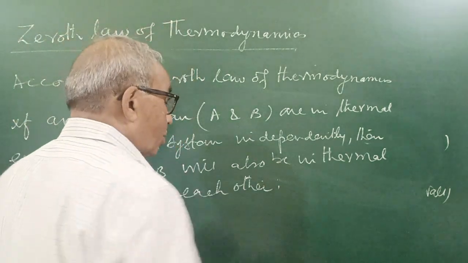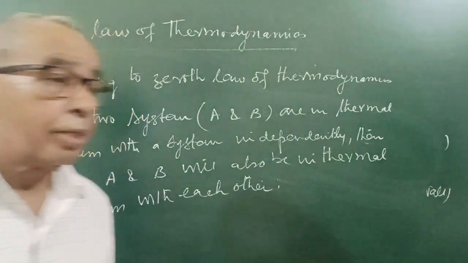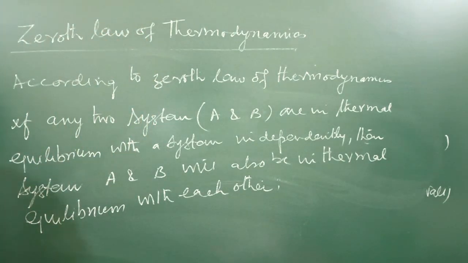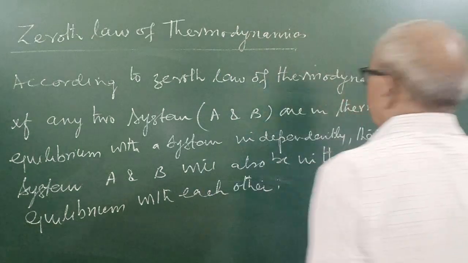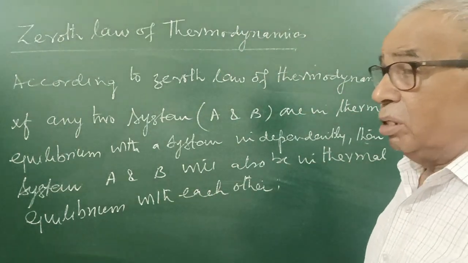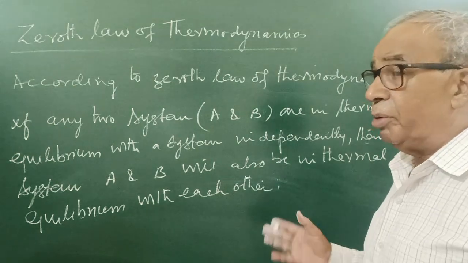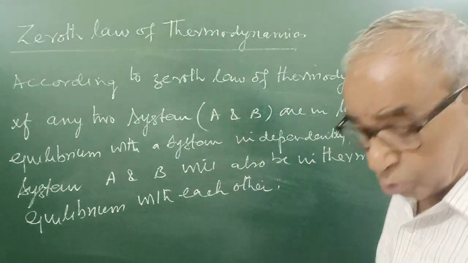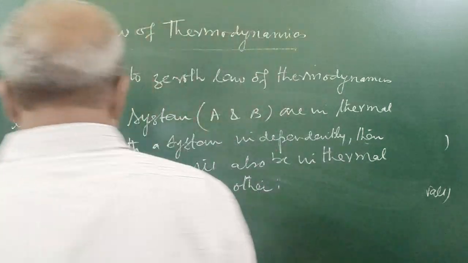The state of thermal equilibrium tells us that, as I told you, there are different variables: pressure, volume, temperature, mass. If systems are in equilibrium, then the temperature of the two will be the same.